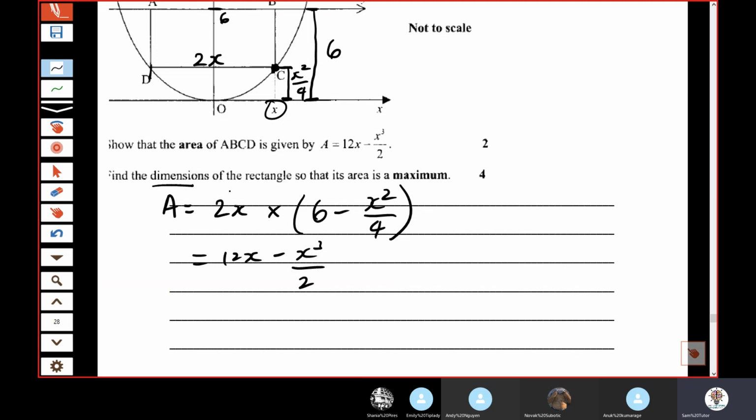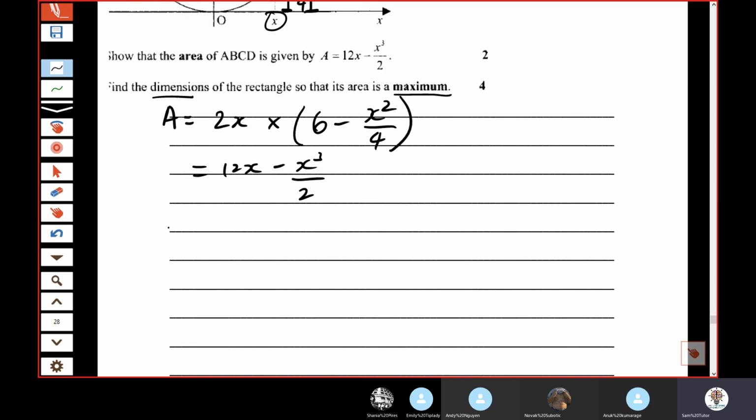Find the dimensions of the rectangle so that the area is a max. All right, here we go. dA on dx equals 12 minus 3x squared on 2, equals 0. Times everything by 2, 24 equals 3x squared. Divide by 3 gives me 8.